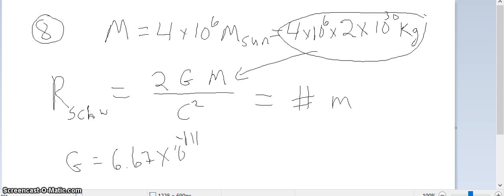Where's the eraser? Sorry about that. So that's supposed to be times 10 to the minus 11th. And then of course remembering the speed of light is 3 times 10 to the 8th meters per second, but remember you're squaring that. So you gotta square that.